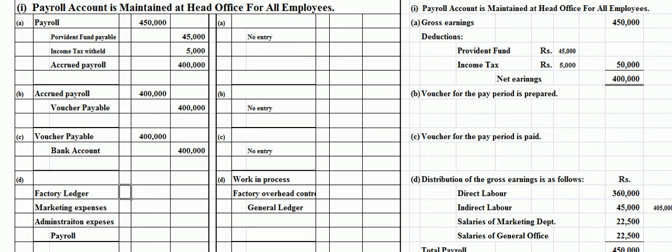Firstly, the factory ledger is a combination of two costs, direct labor cost and indirect labor cost, which is the amount of 4,05,000 rupees here. Friends, in the book of head office, the factory should be debited because all the payments which occurred at the time of production are paid by the head office on behalf of the factory office.